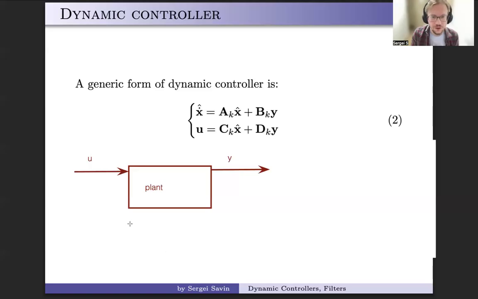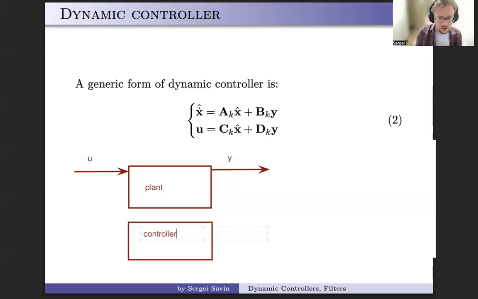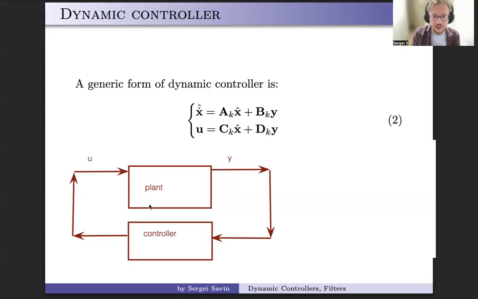Then you can also think of a controller as a similar kind of object, right? Here's a controller. It takes as input your Y, right? So Y goes in as input. And as output, it gives you your vector U. And here, this plant has the state X. And the controller has state X hat.